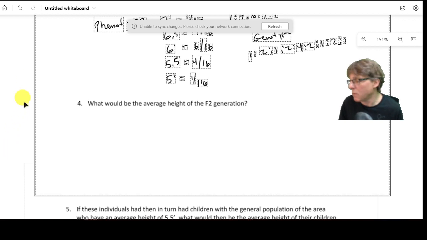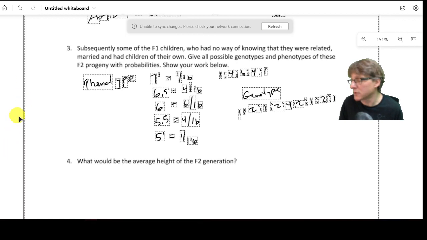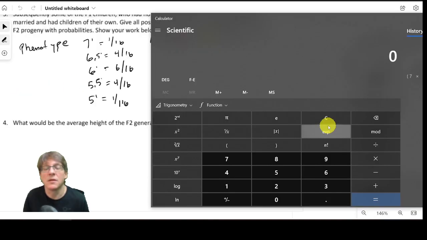Okay. So one is we can just calculate 7 feet. Okay. So that 1. We're going to add to that.